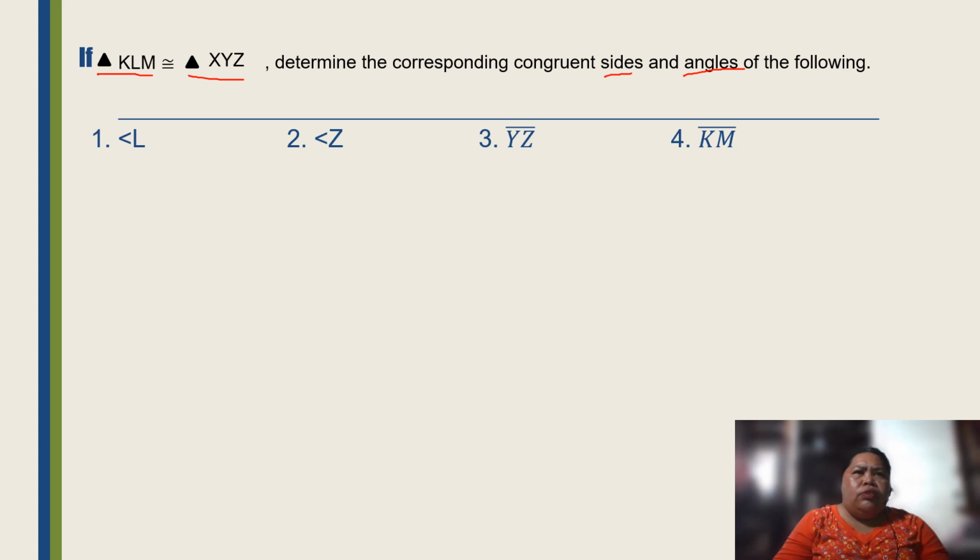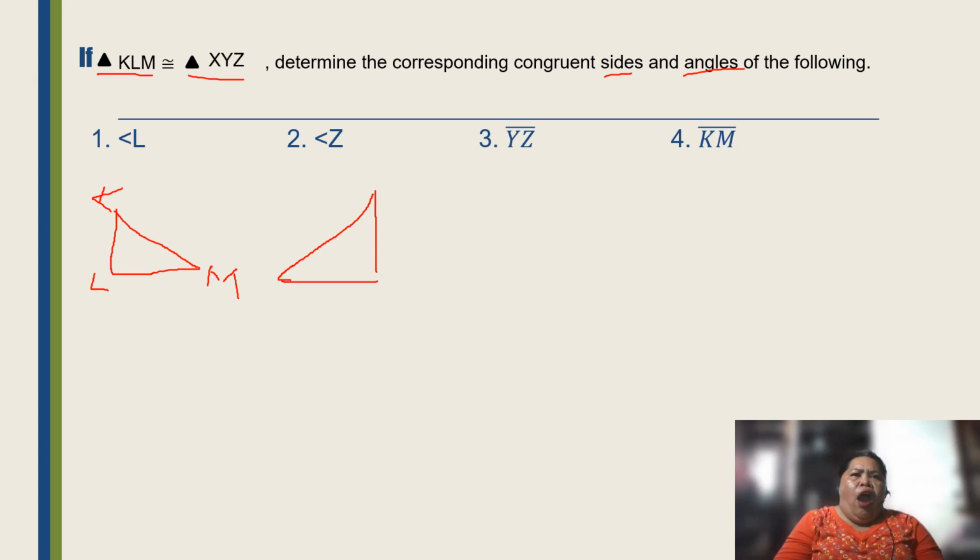If we are going to draw that, for example, we have right triangle KLM and right triangle XYZ. For angle L, the corresponding angle is angle Y. For angle Z, the corresponding angle is angle K.